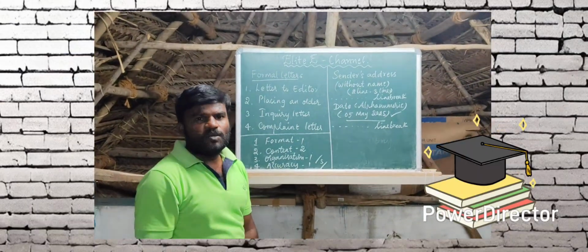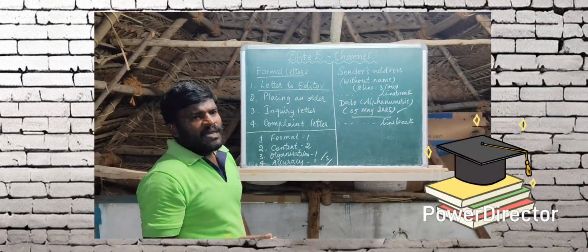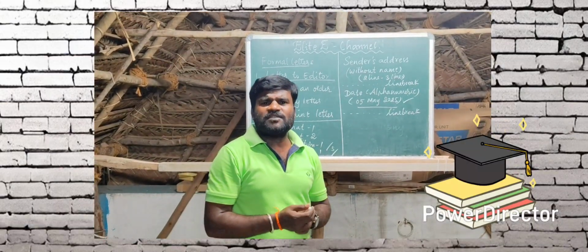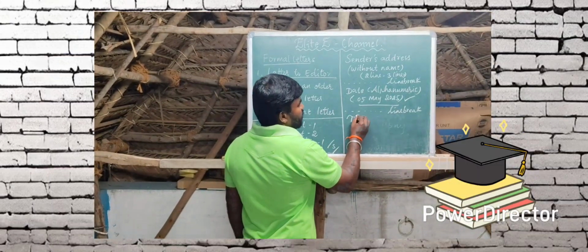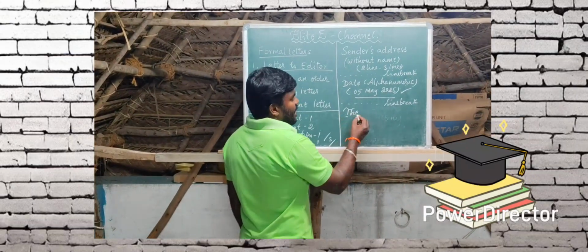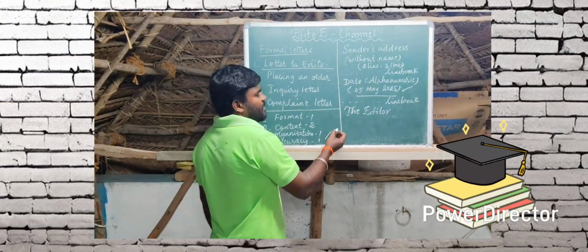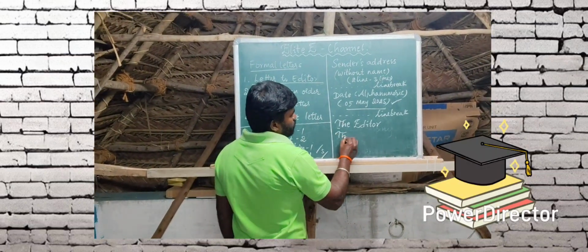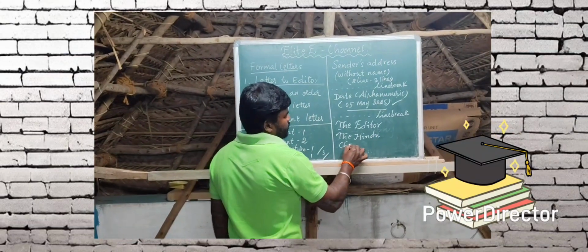Then the receiver's address. Who is going to receive the letter? If it is a letter to editor, this letter may be received by the editorial board. So what do we have to write? We have to use the definite article 'The' followed by 'Editor', first letters capital. The Editor, followed by the newspaper the editor belongs to, say for example, The Hindu, Chennai.